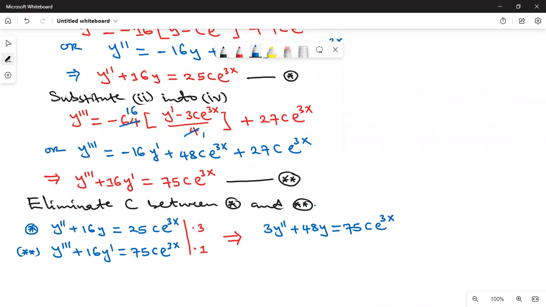And the other one multiplied by 1 is just the same equation, y third prime plus 16y prime is equal to 75c exponential 3x.